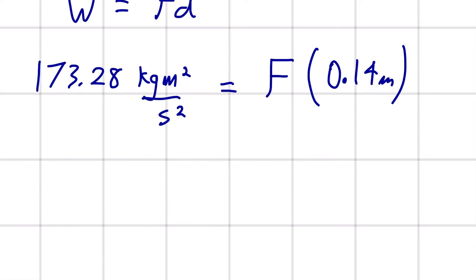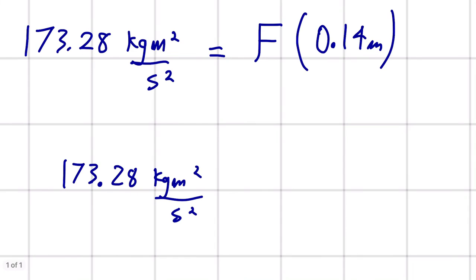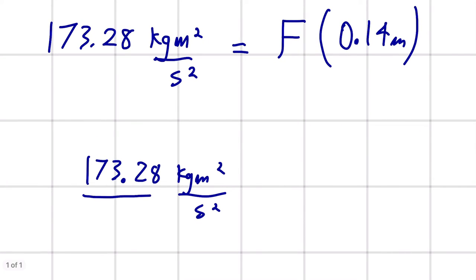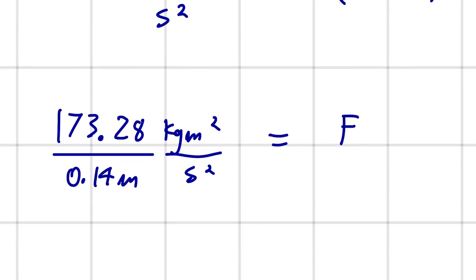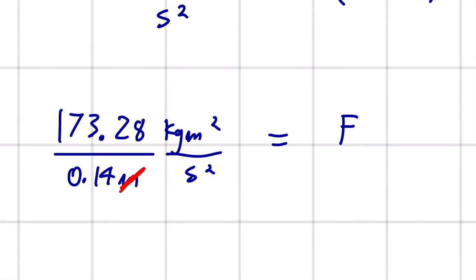So I'm going to write that out: kilogram meters squared per second squared, divided by 0.14 meters, is equal to F. I was writing it out like this so that we can see that the meters cancel out and we get rid of the squared on the meters on top.